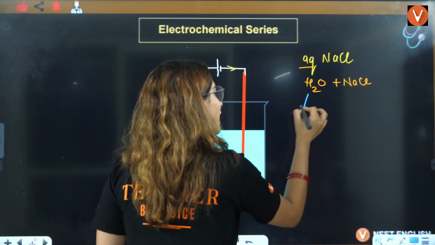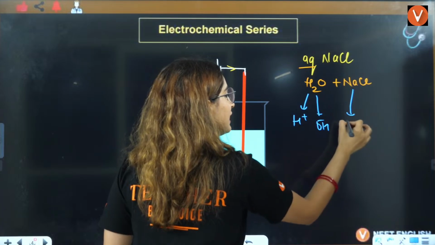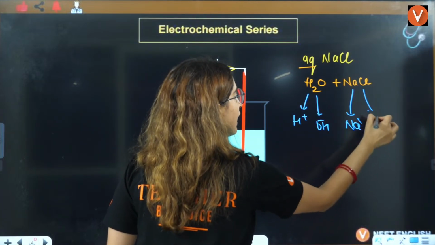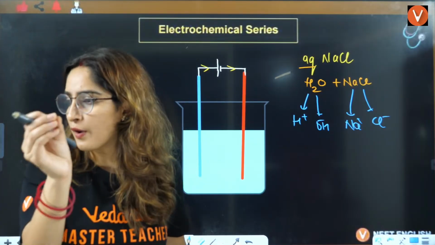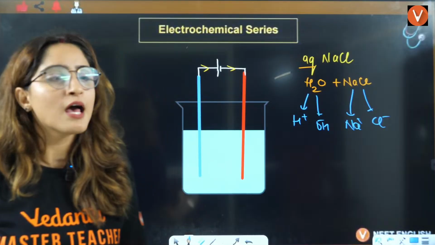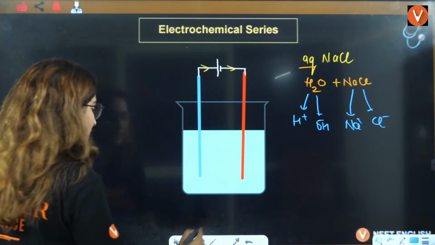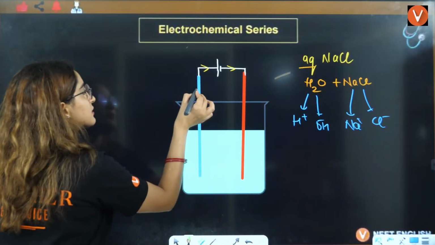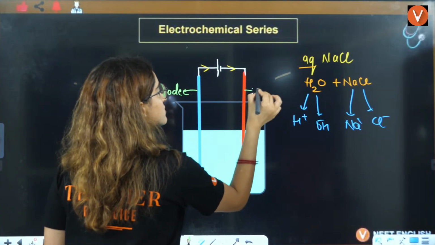Water will have H+ and OH-. NaCl will have Na+ and Cl-. Two problems we are facing, and we are going to give a solution for both. The first problem is whether the cation will go here or the anion will go here. Let's understand that. This is the anode, and this is the cathode.